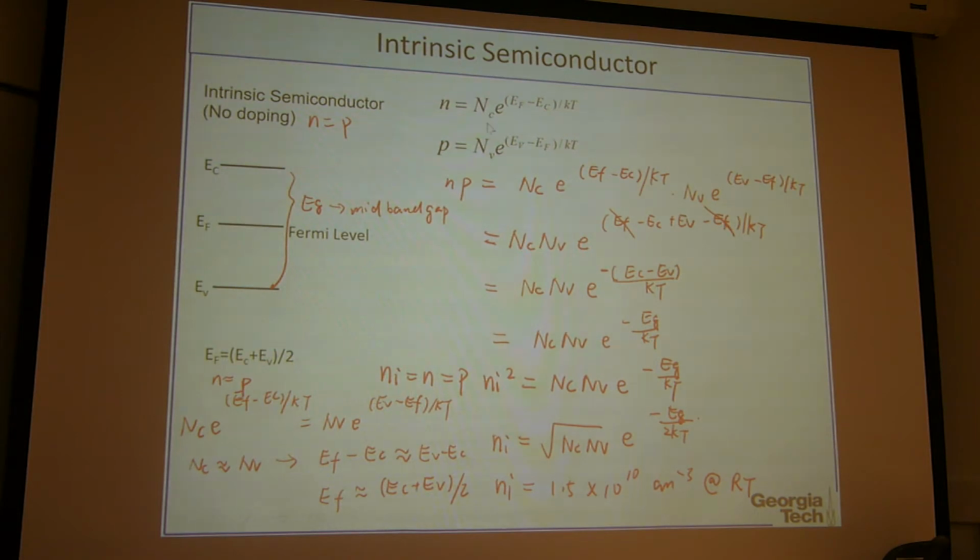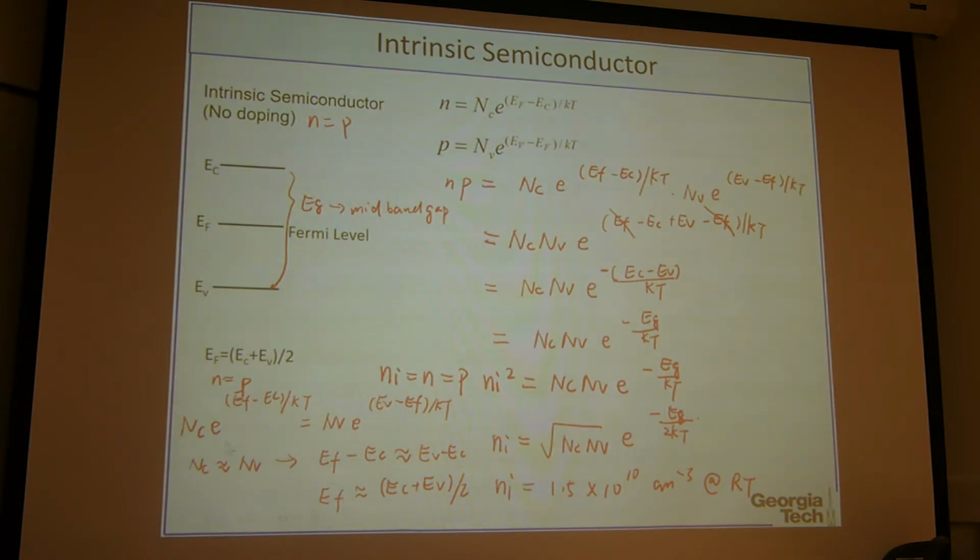Basically, you use those two equations and set them equal to each other. Here we need to assume that NC is roughly the same as NV. Although they are a little bit different, the orders of magnitude are the same. Both of them are 10 to the power 19. So if you take the log scale, you only care about the orders of magnitude.